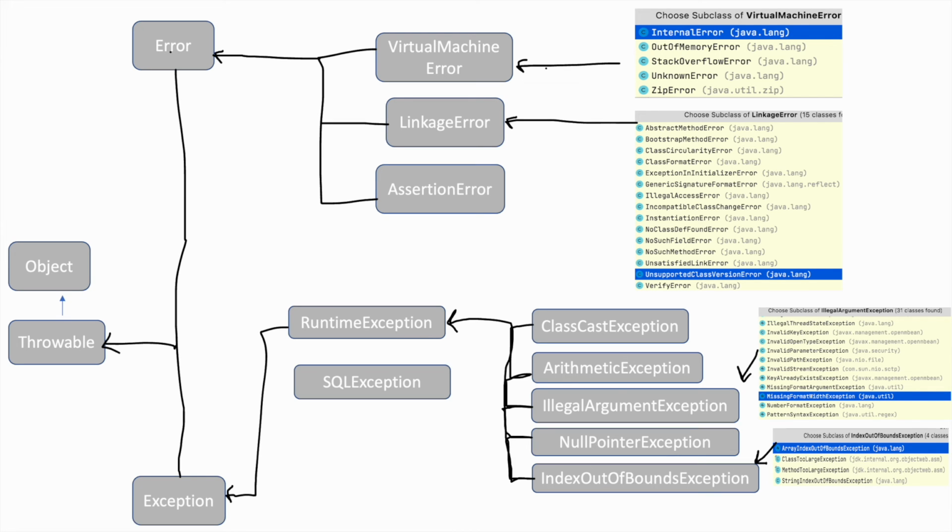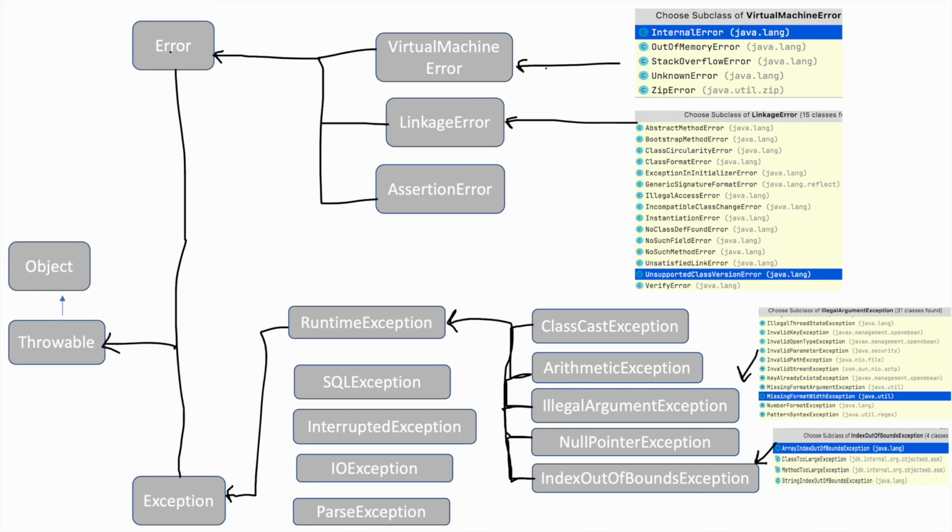Next, SQLException, InterruptedException, IOException, ParseException. These are all the subclasses of Exception, and we call these exceptions checked exceptions. So the compiler knows about these exceptions like SQLException, InterruptedException, IOException, ParseException. SQLException. There are around 20 subclasses for this SQLException.